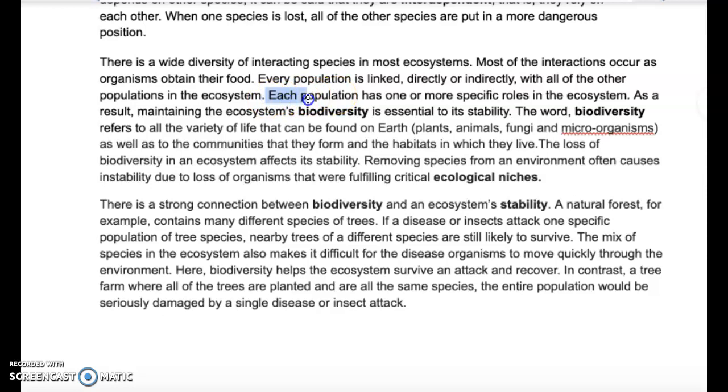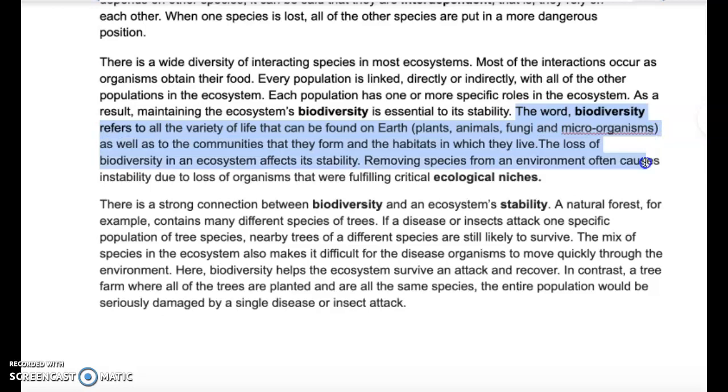So we're going to go to the next sentence. Each population has one or more specific roles in the ecosystem. As a result, maintaining the ecosystem's biodiversity is essential, or necessary, for its stability. The word biodiversity refers to all the variety of life that can be found on Earth: plants, animals, fungi, and microorganisms, as well as the communities that they form and the habitats in which they live.